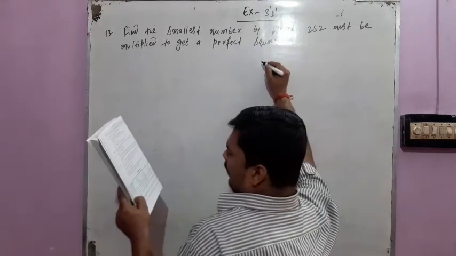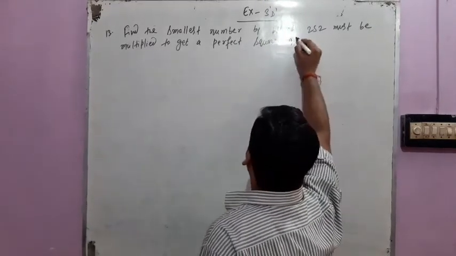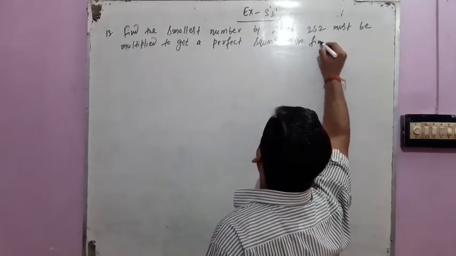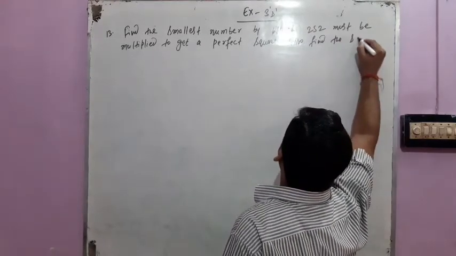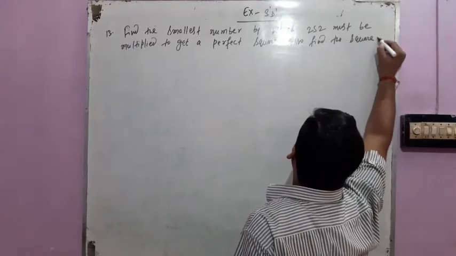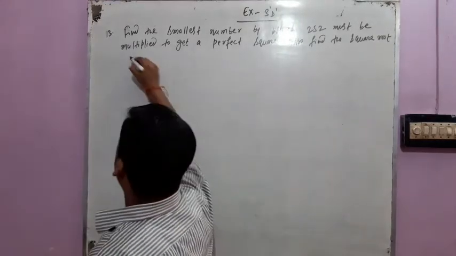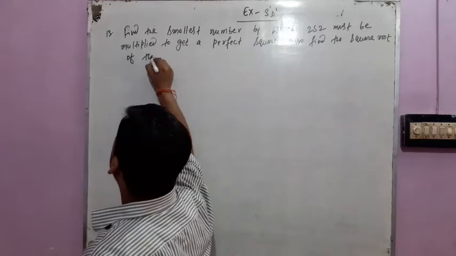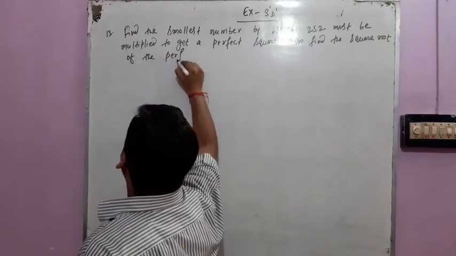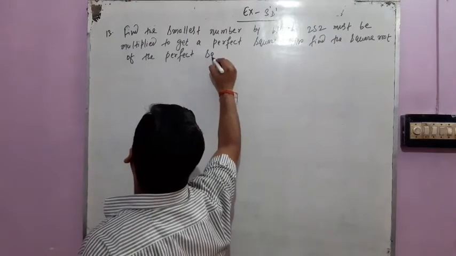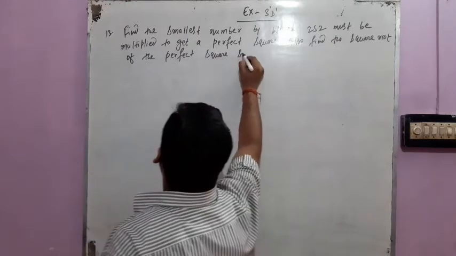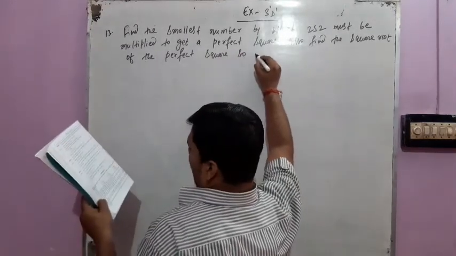Also find the square root of the perfect square so obtained.